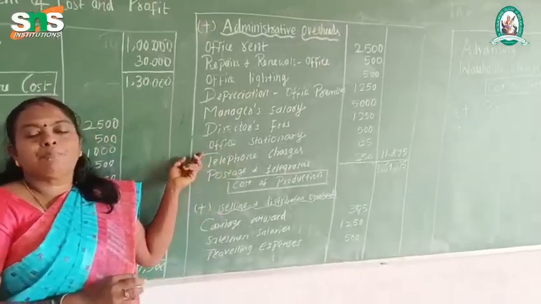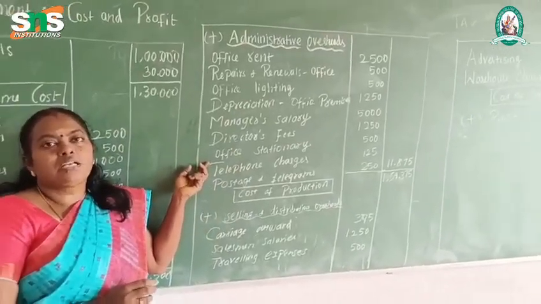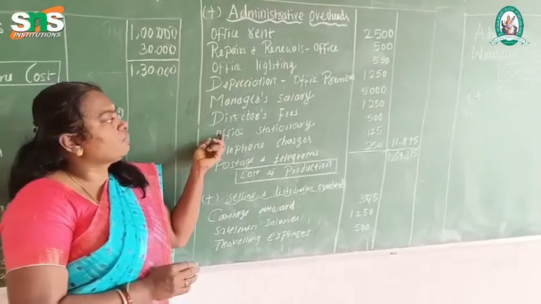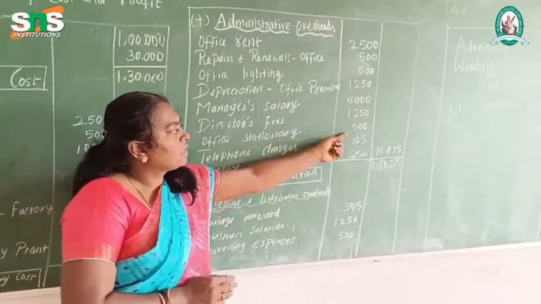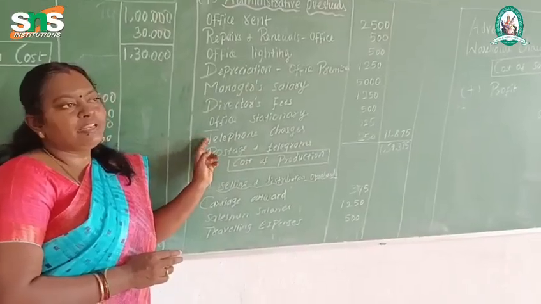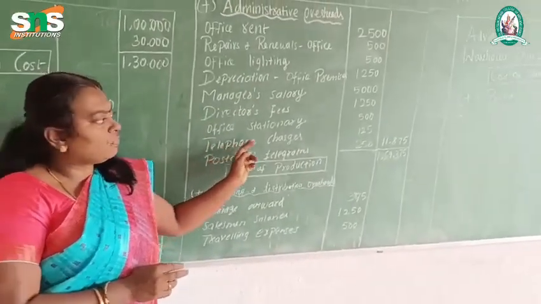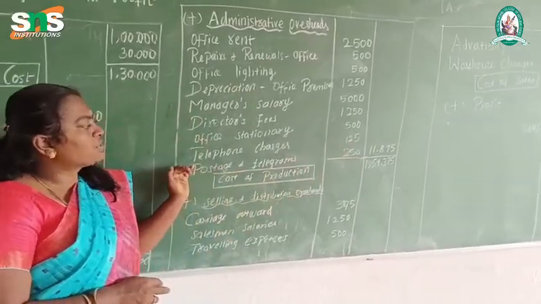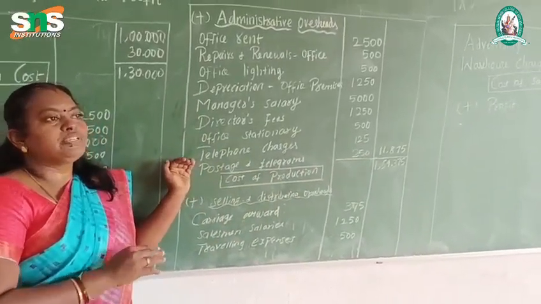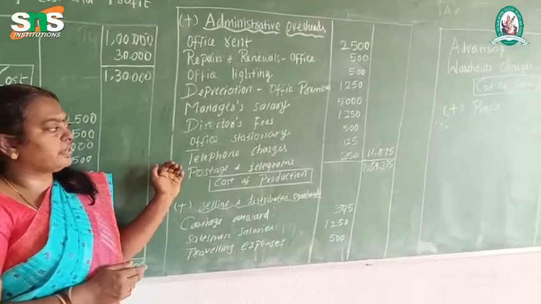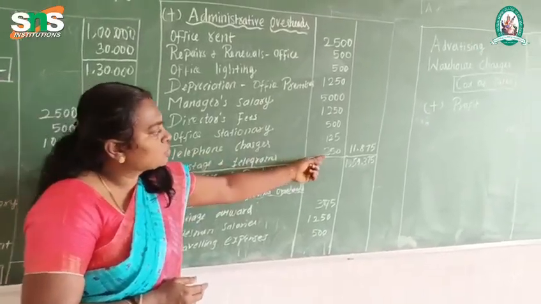In the office, we will purchase many stationeries such as pen, pencil, eraser, stapler, etc. So, for the office stationery, we are doing the expenses rupees 500. Then telephone bill, we are paying the telephone bill which is used by the office. It is rupees 125. Then postage and telegrams. For the office communication, we will use postage expenses. So, the expenses is 250.